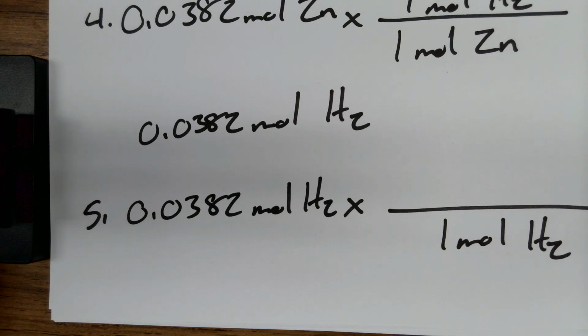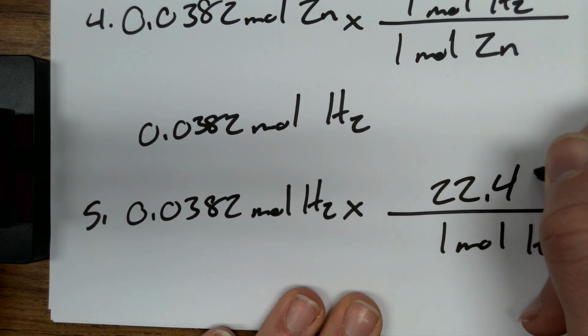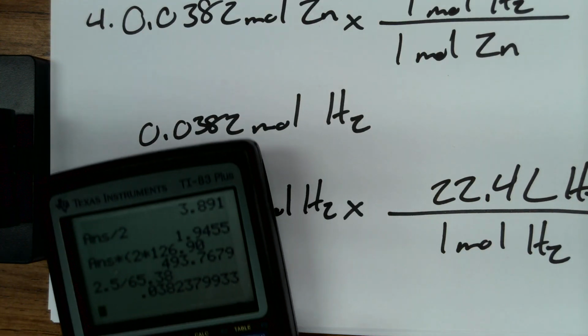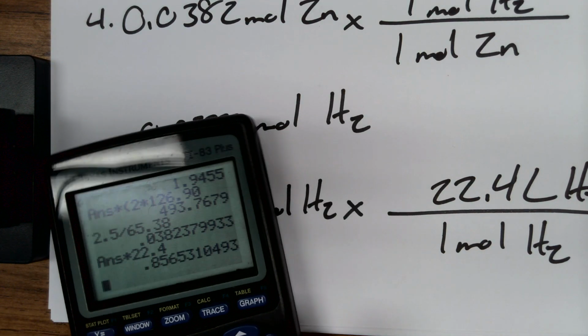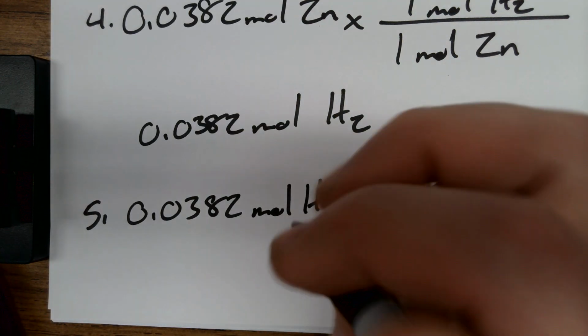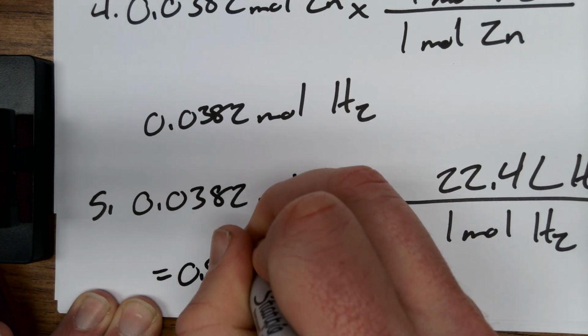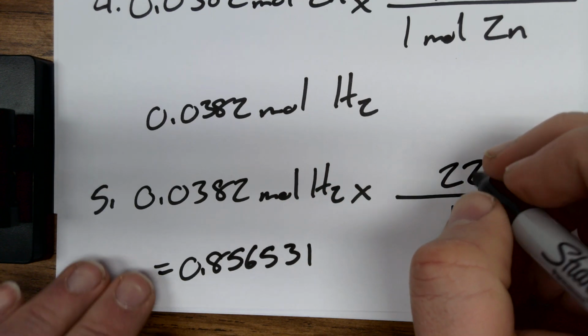How many liters of hydrogen gas can I fit into 1 mole? 22.4 liters H2. I'll take my answer, multiply that by 22.4, and I'm going to get 0.85653. I'm going to stop writing because my calculator keeps going.